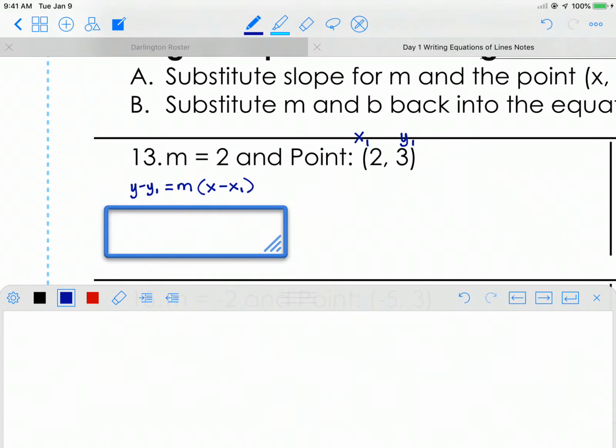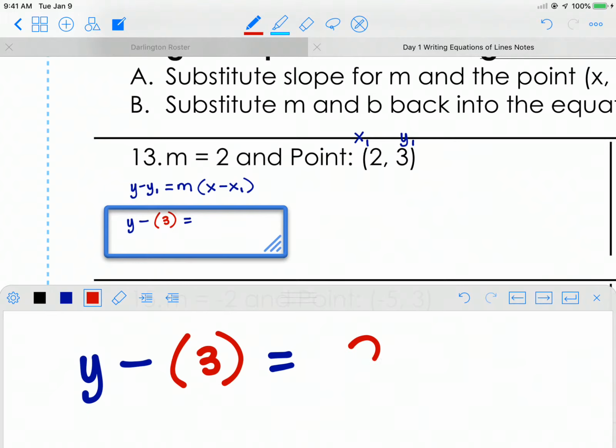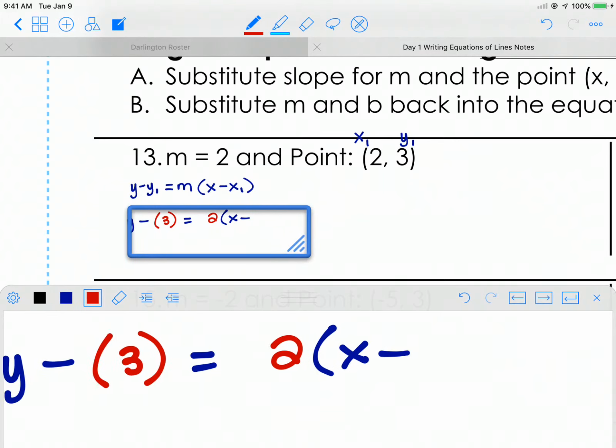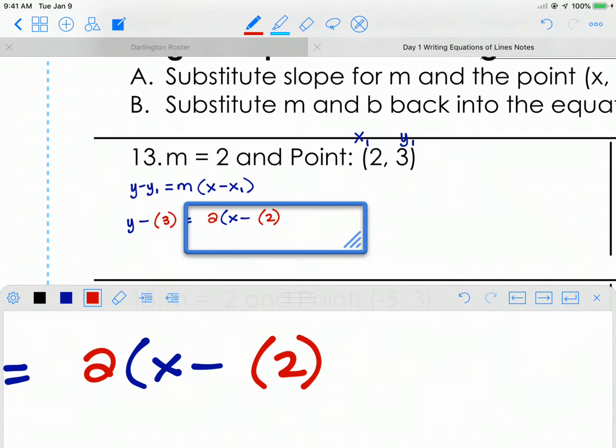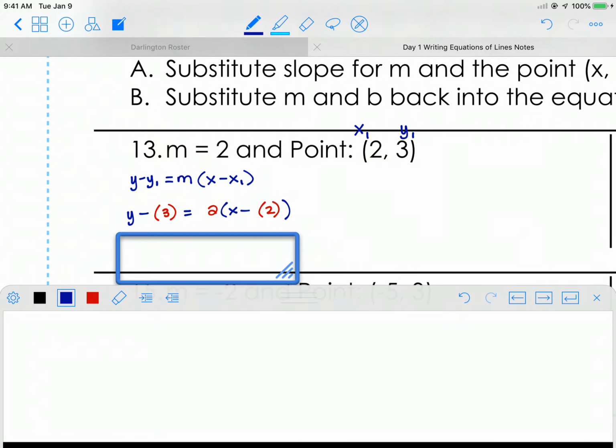Okay, so we're going to plug in what we know, in a different color. I know my y1 value is 3, my slope is 2, and my x1 value is positive 2. So we took what we know and plugged it in to help us solve.